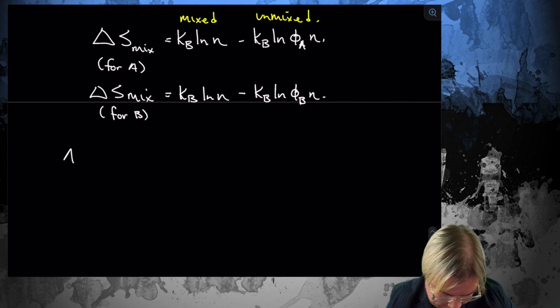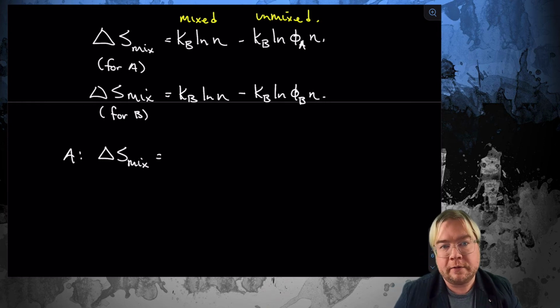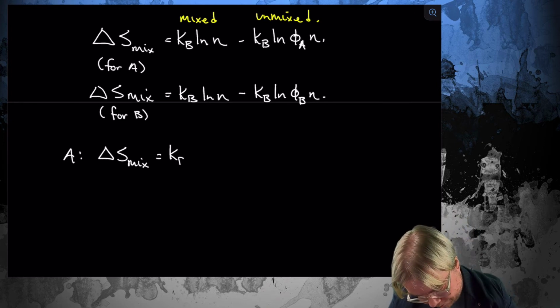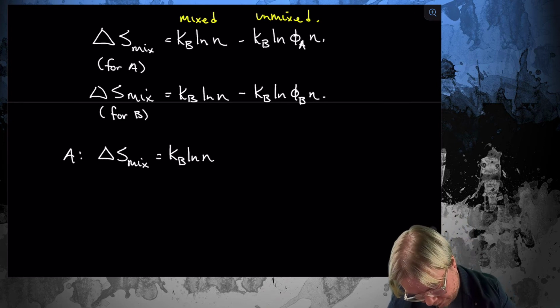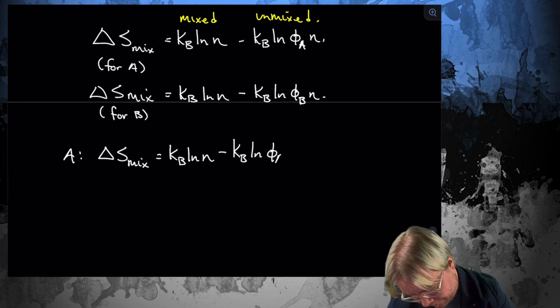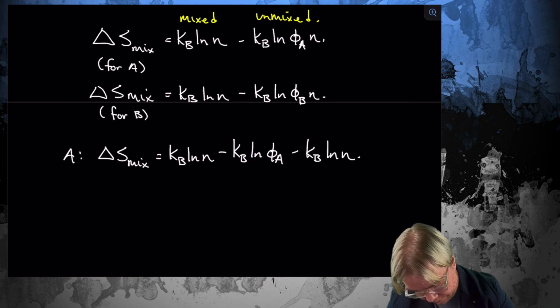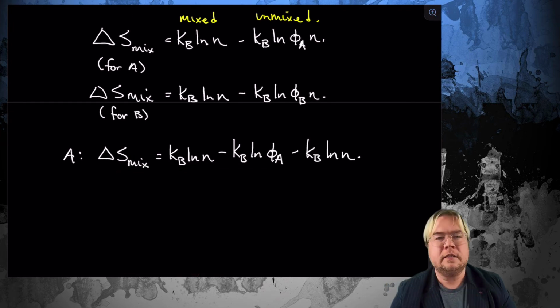Let's just take A, delta S mixing, we have logarithms involved. So the logarithm of a product is going to be the sum of the logarithms. So this will be KB log of N minus KB log of phi A minus KB log of N. Sweet.